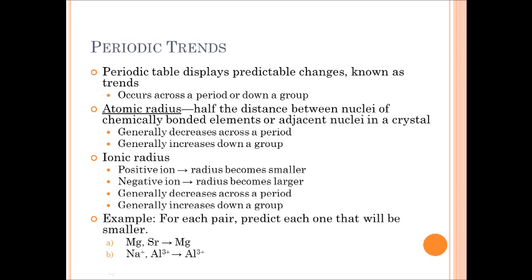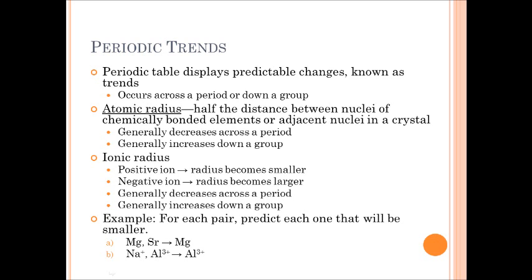Based on the location of the elements and the arrangement of the periodic table, there are actual properties. There are 4 properties in general of these elements that we can see change across the periodic table to the point that we can actually make predictions about them. And we typically look at them as they move across a period and down a group.